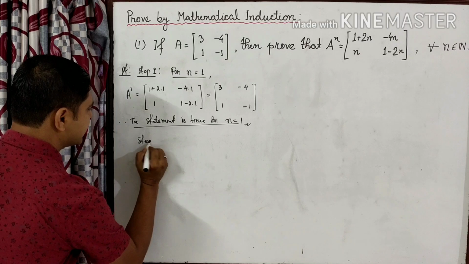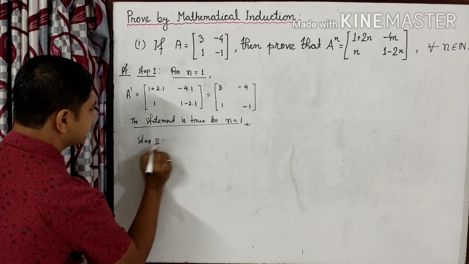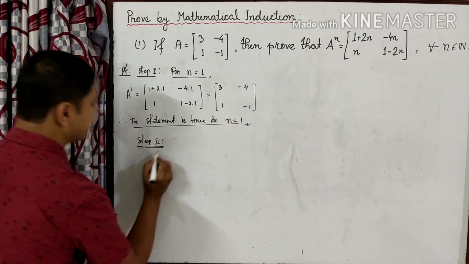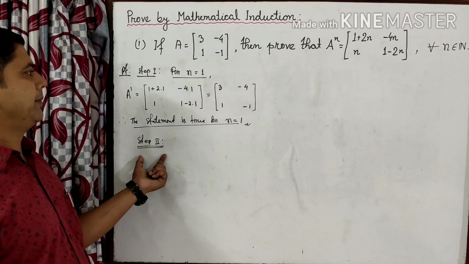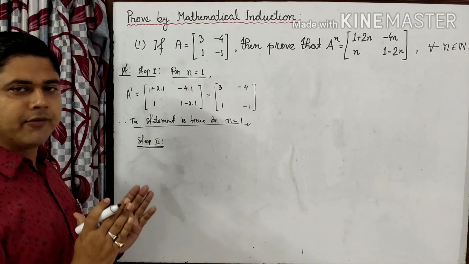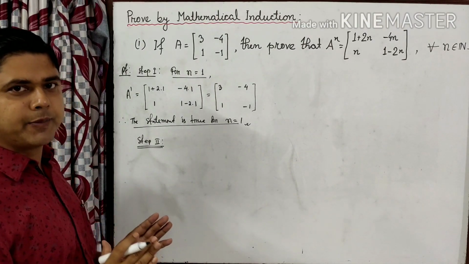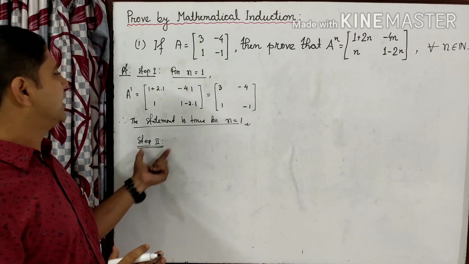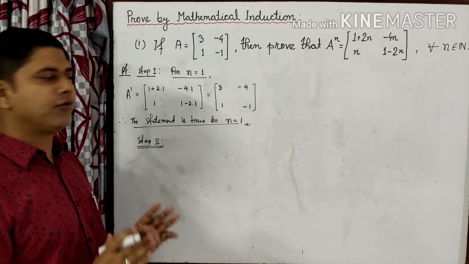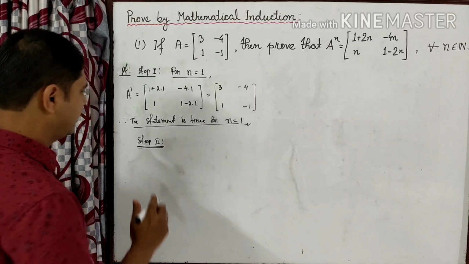Start with the second step, step 2. The second step is that we consider the result, that means the statement, is true for n equal to k.